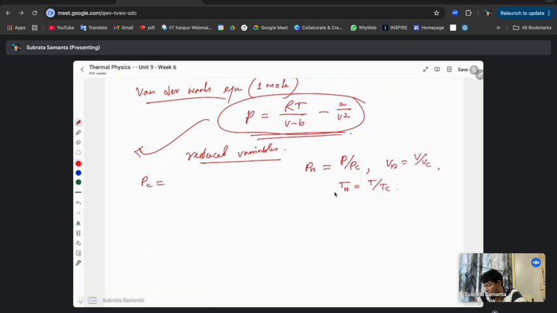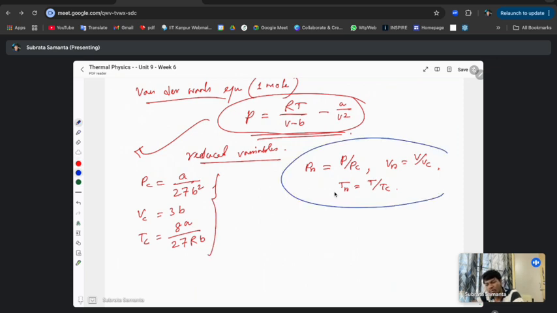Pc is a over 27 b squared, Vc is 3b, and Tc is 8a over 27Rb. In the second step you define these variables and write equation 1 in terms of PR, VR and TR. That is your reduced van der Waals equation.